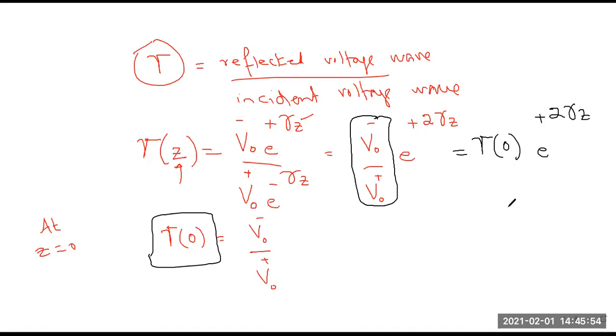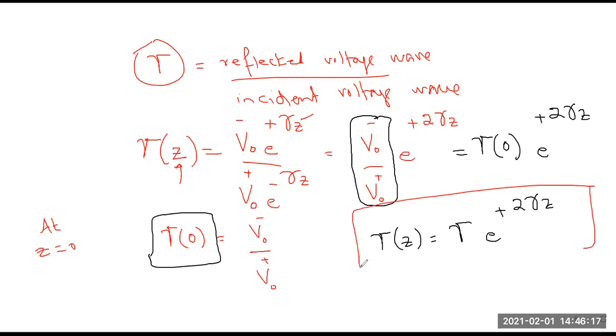And using the standard nomenclature, I will say gamma of z is equal to gamma times e power plus 2 gamma z, because as I mentioned before, just writing gamma means I'm talking about the load reflection coefficient. Let's continue this discussion in the next session. So this is the result.